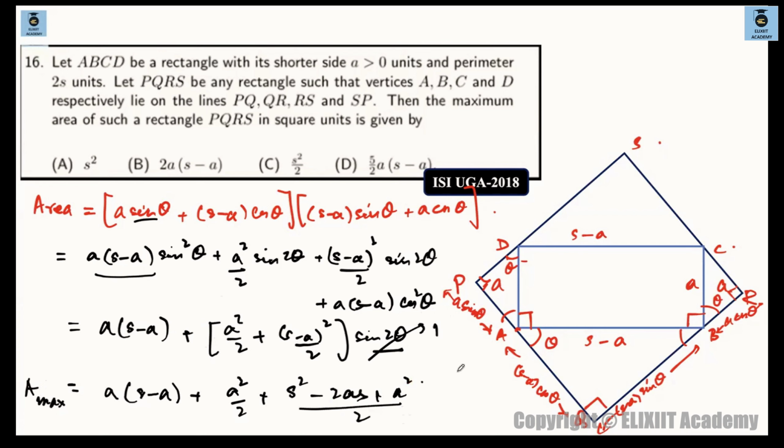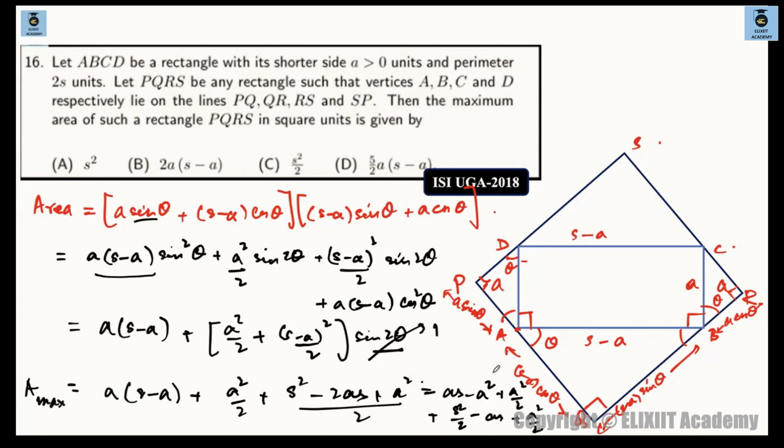So there will be lots of cancellations from here. Let's see the cancellations. So here we are having as minus a square. Okay. What will remain from here? Plus a square by 2 plus s square by 2 minus of 2 cancels out, minus of as plus a square by 2.